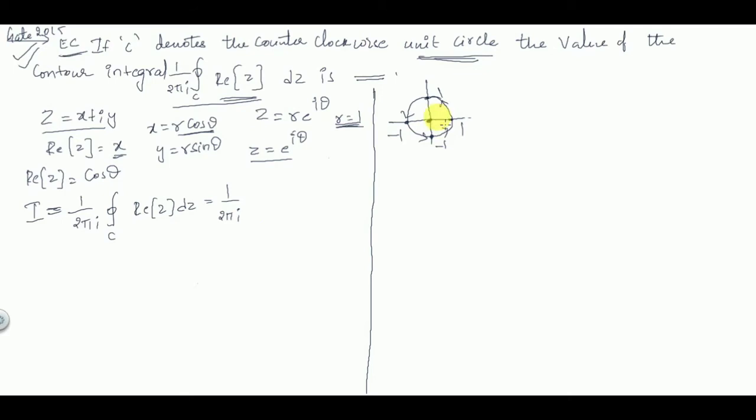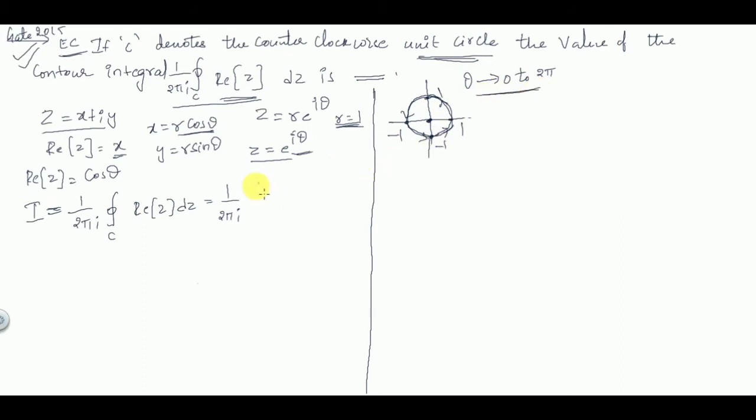When you are taking the unit circle as the contour and converting it into polar form, theta will be between 0 to 2 pi, because it is covering all the 4 quadrants. So theta value will be from 0 to 2 pi.